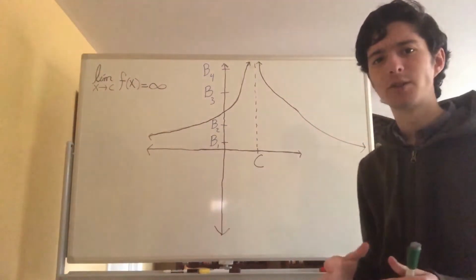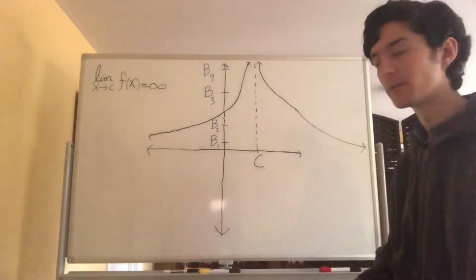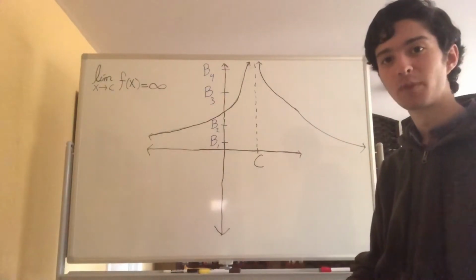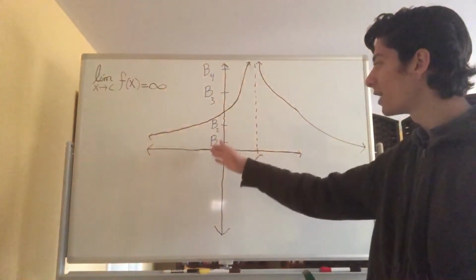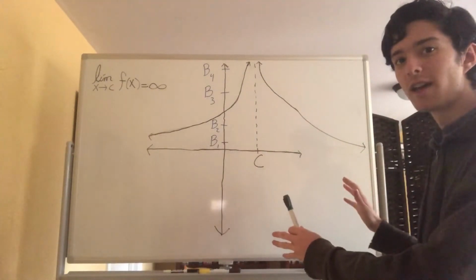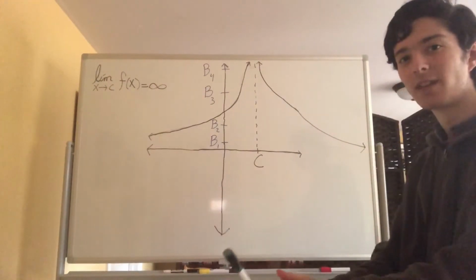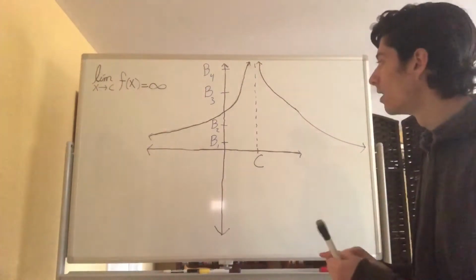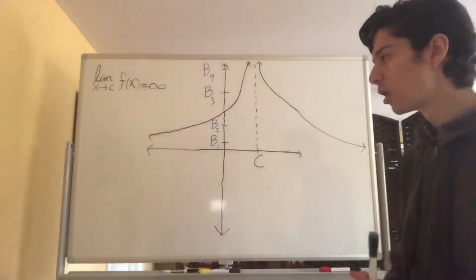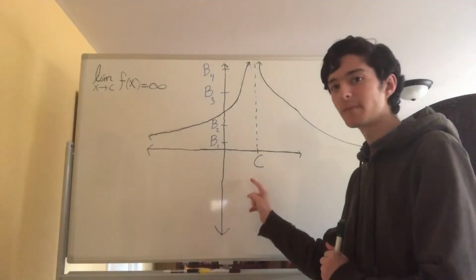So similarly to our first definition, I'm going to show a quality that this one shares. So in our first definition, we thought about choosing a value of b and then finding some cutoff for which f of x would be greater than b if x is greater than a. But instead of thinking about x being greater than a, we want to think about x being closer and closer to c.